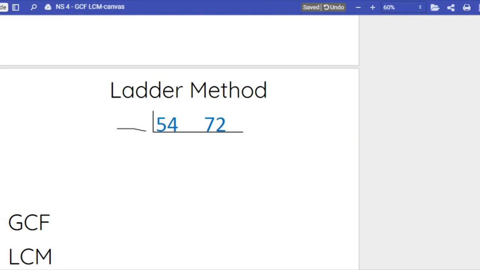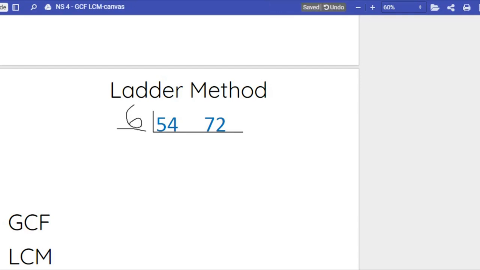I'm thinking of what numbers I can multiply together to get 54. I know that 6 times 9 is 54, and 6 and 9 also work for 72. So I just need to choose one. I'm going to choose 6.